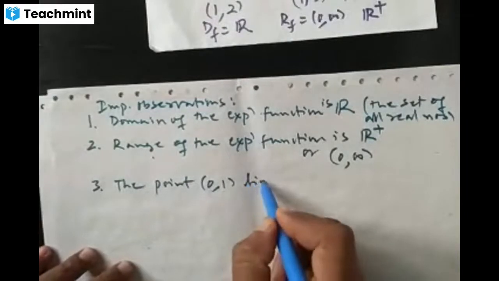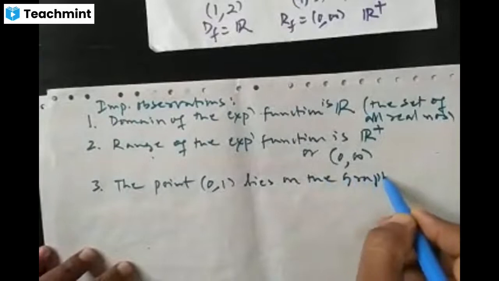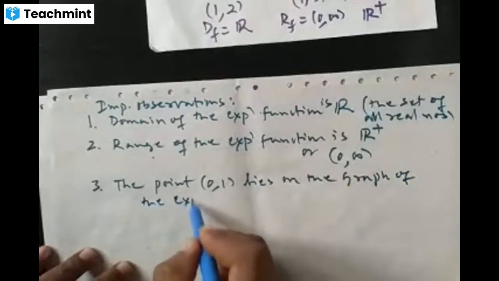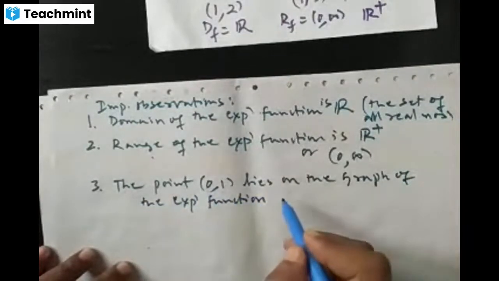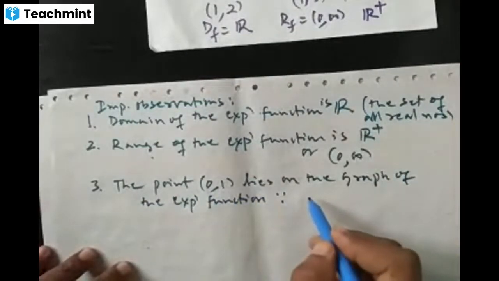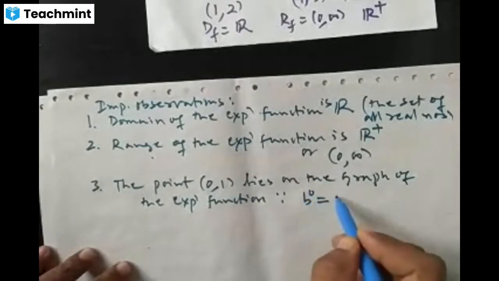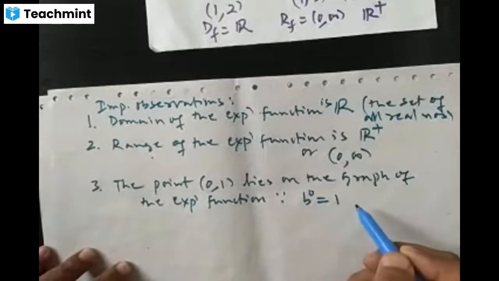The point 0, 1 lies on the graph of the exponential function because when x is 0, b to the power 0 becomes 1. So when x is 0, the value of y is 1. b to the power 0 is nothing but 1, correct?